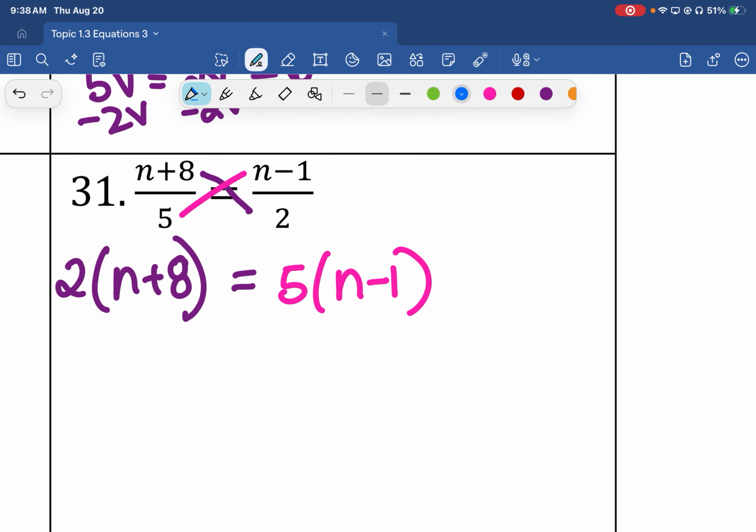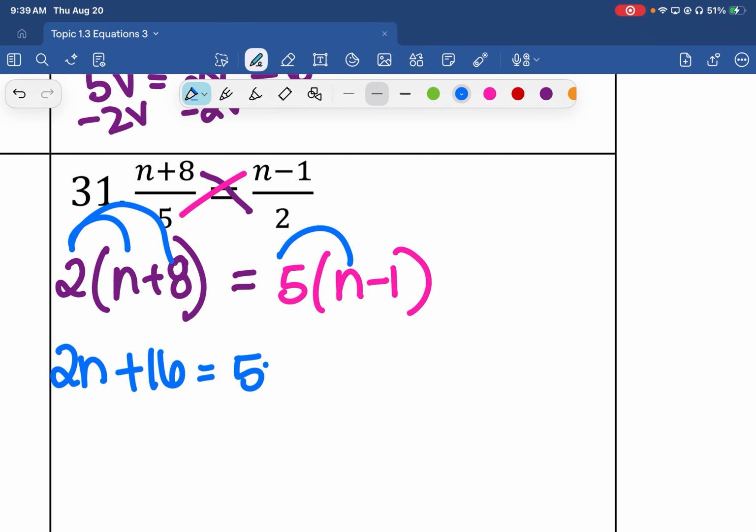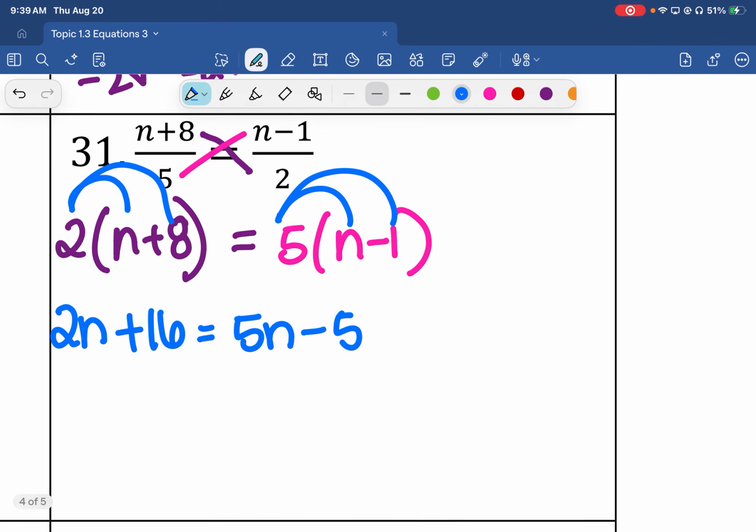Then we need to distribute. So what do I need to do first? What is 2 times n? What is 2 times 8? 5 times n? 5 times negative 1. And what are our like terms we need to combine?